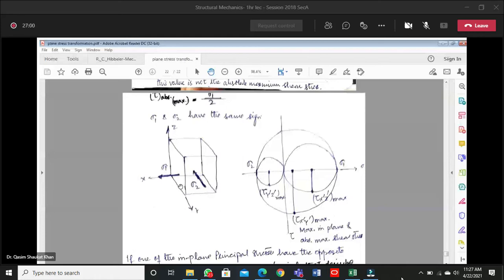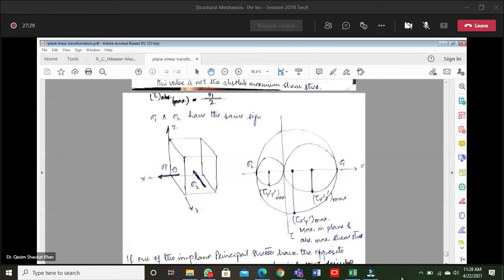Then you have the second circle, where sigma 1 is positive, and you can show this, 0 in Z and sigma 1 positive.